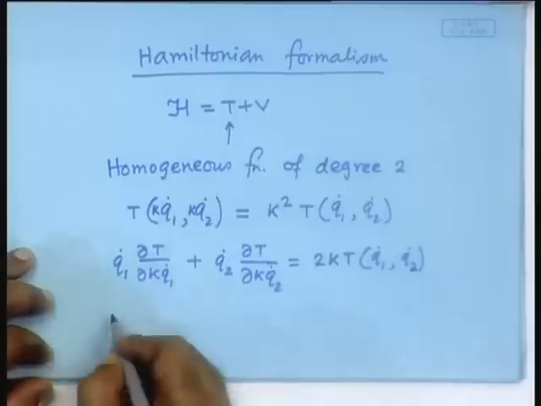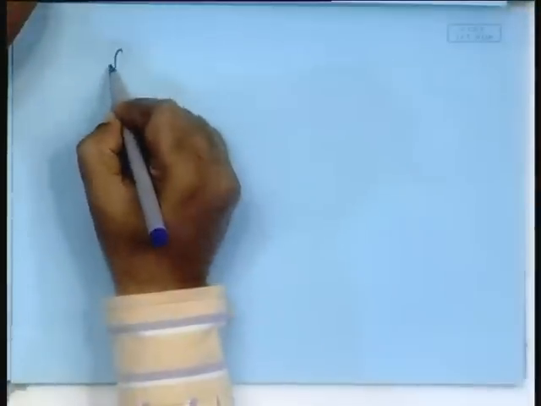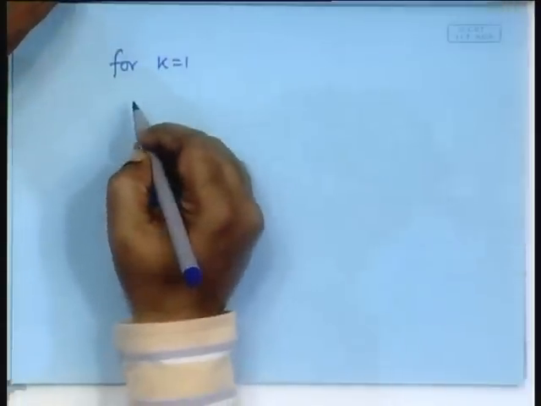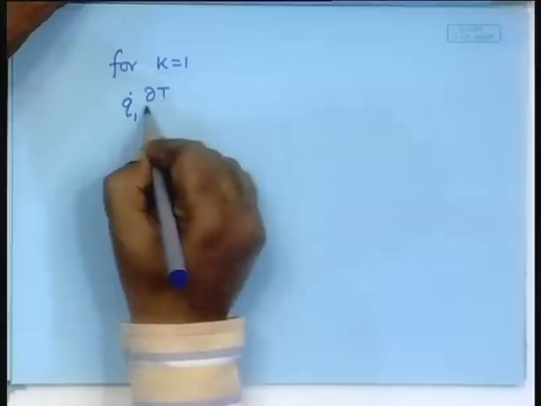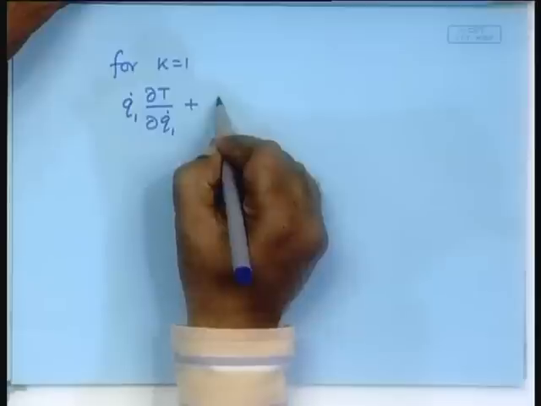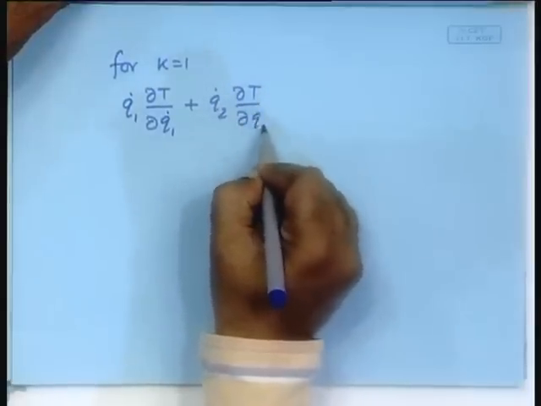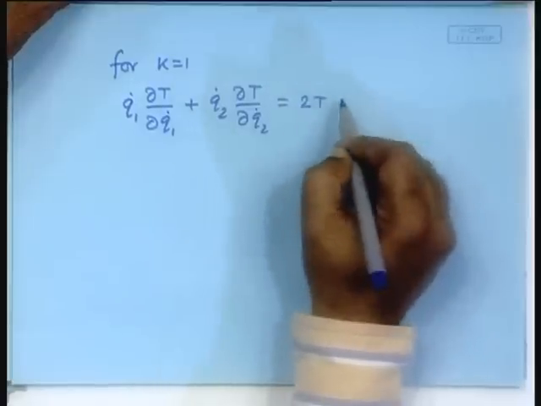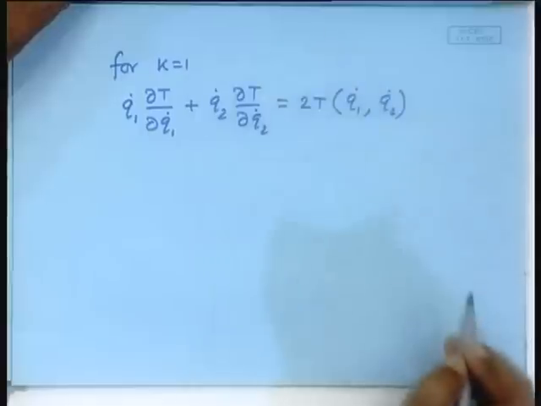So, for k equal to 1, it will become q1 dot times the derivative of T with respect to q1 dot plus q2 dot times the derivative of T with respect to q2 dot, which will become equal to twice T.